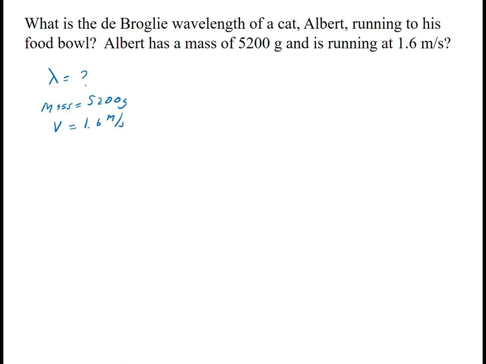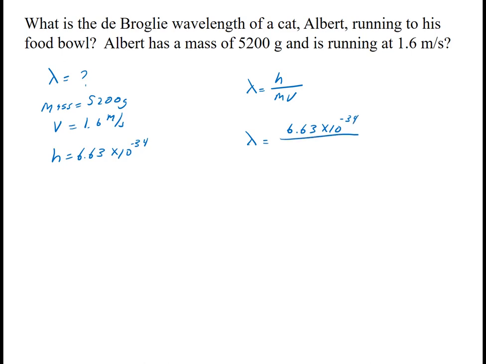So again, the formula is wavelength is Planck's constant over mass and velocity. Planck's constant is 6.63 times 10 to the minus 34. So the wavelength is 6.63 times 10 to the negative 34.